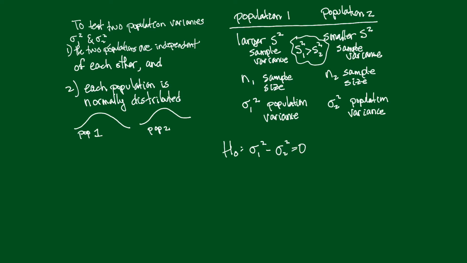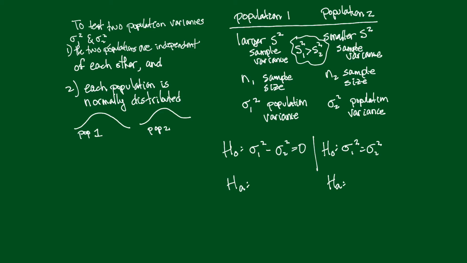Or, if you like, maybe you could just write it like this. H naught states that sigma 1 squared equals sigma 2 squared, that the two variances are equal. And then we're going to write the alternate hypothesis like this. If we write this form right here, now remember what we're doing. We're just going to assume that the number 1 is the bigger number in our sample.